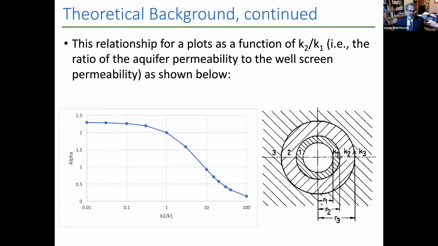You can see here that under these conditions, if we have a permeability of the aquifer material that's at least equal to the permeability of the well screen, we can get an alpha of 2, which tells us that the plume would be spreading out to twice as wide as the ID of the well screen. So if I had a well screen that was 2 inches internal diameter, then we could potentially get a plume that was 4 inches in width.